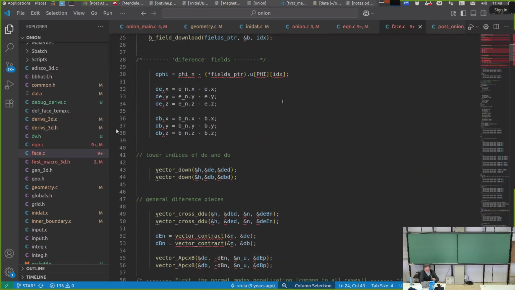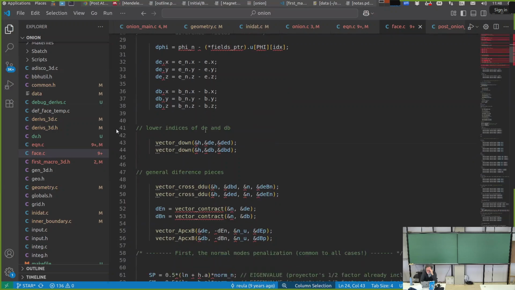And here is where we compute the penalty. So this is essentially the difference field between the subdomain we are in with respect to the information coming from the neighbor domain.